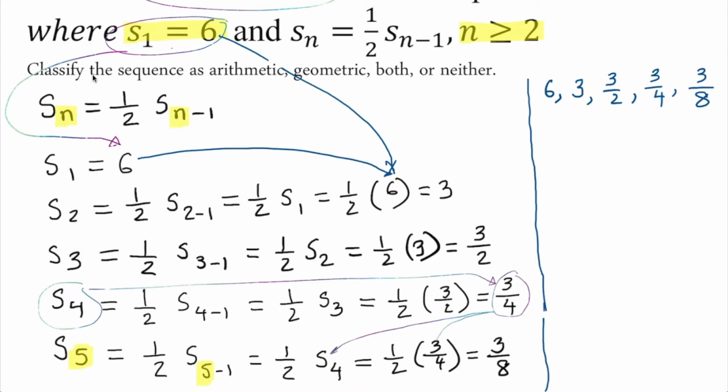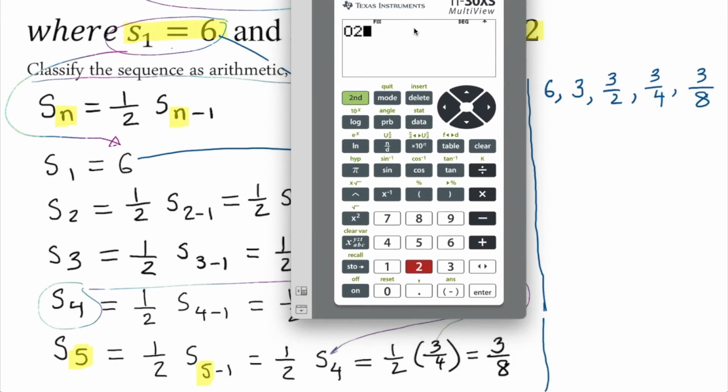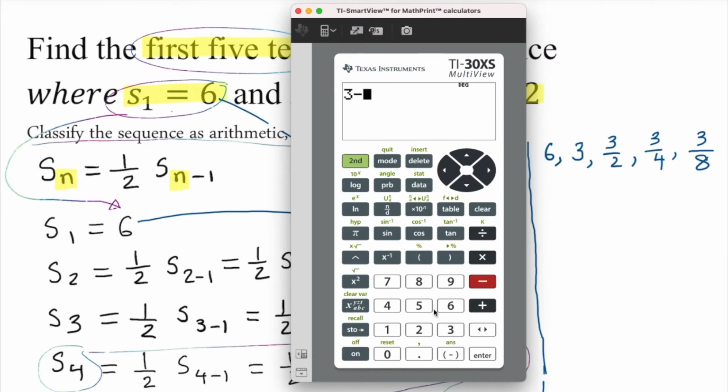Now there is another note here, whether it is arithmetic or geometric. Which one is it? If we subtract the second number from the first, using the calculator, 3 minus 6 is negative 3.